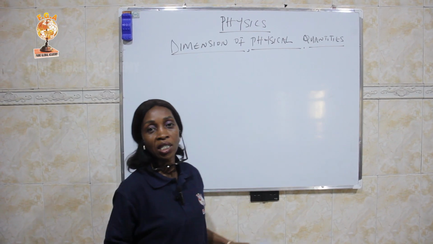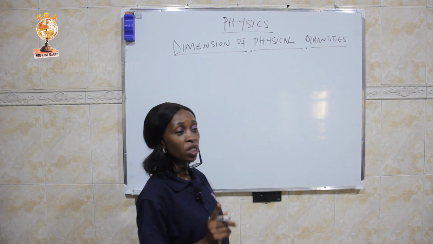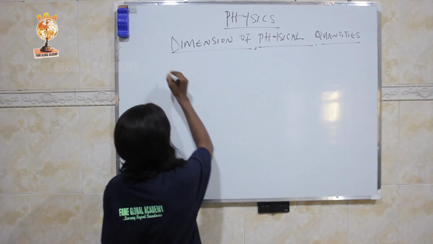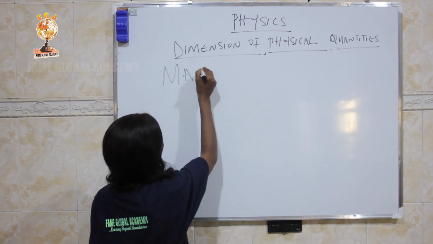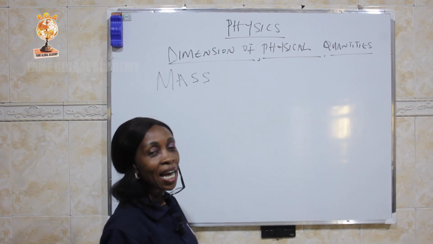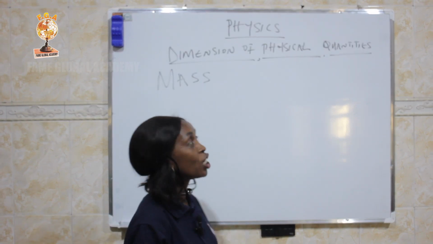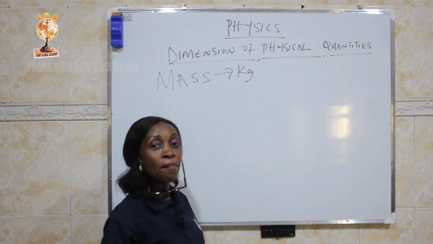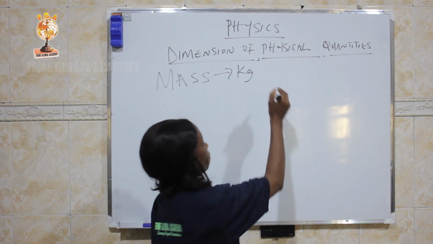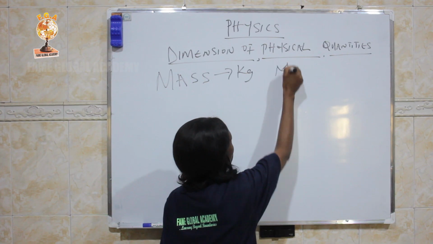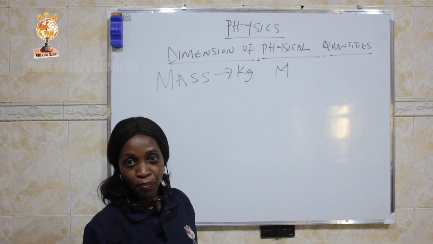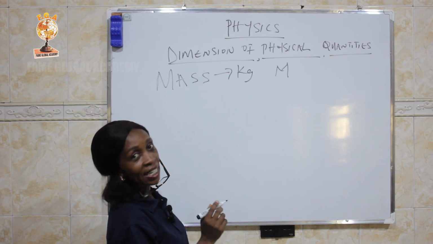Now, take for instance, I said before that the three most important basic quantities are mass, length, and time. Now, mass. Mass has an SI unit of kilogram, but the dimension of mass is M. Now, length.